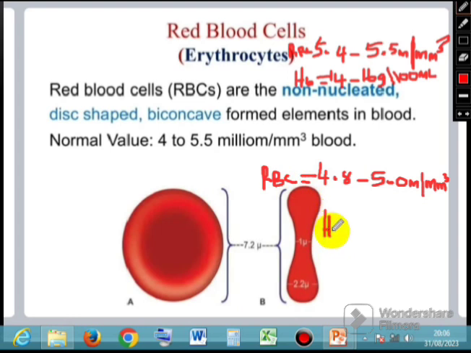So the hemoglobin concentration in females is 13 to 15 grams per 100 ml of blood.